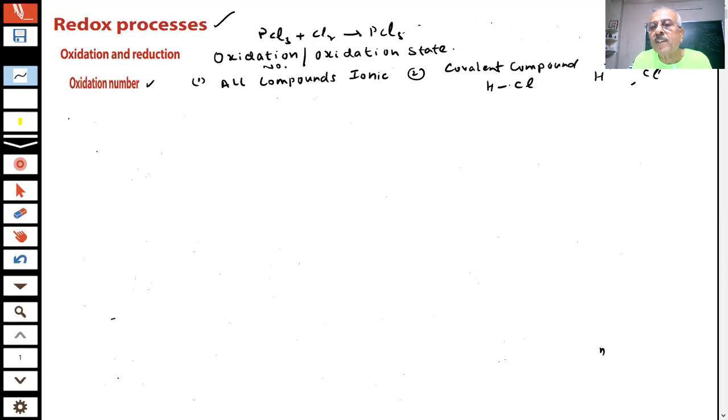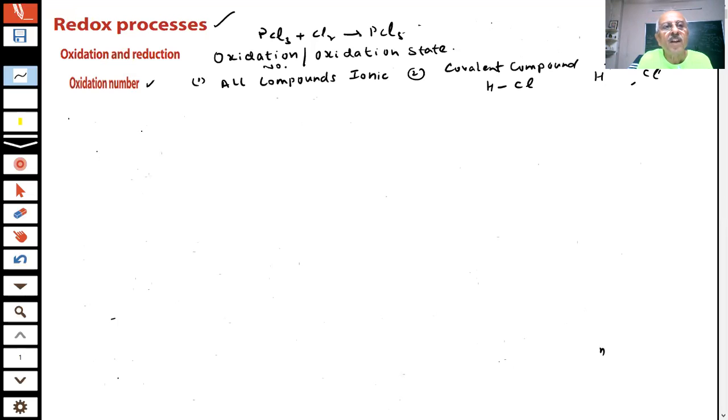That means electrons have gone to the more electronegative element. We give electrons to that element, and then we assign certain numbers which we call oxidation numbers. This will allow us to understand redox processes more easily.